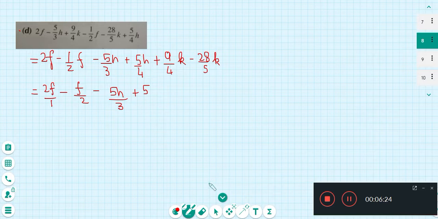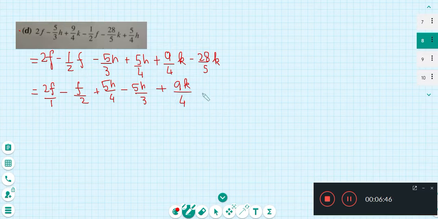To make it a bit simpler, you can write the positive term first, 5h over 4 minus 5h over 3 and plus 9k over 4 minus 28k over 5.